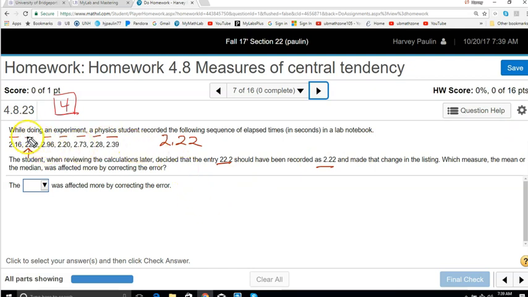And by adding this extremely large number to this, it would affect the mean, that is the average, more, because the median wouldn't change once this is put over here. Your middle reading would be in the middle. So the mean was affected more by correcting the error, not the median. All right, let's go on.